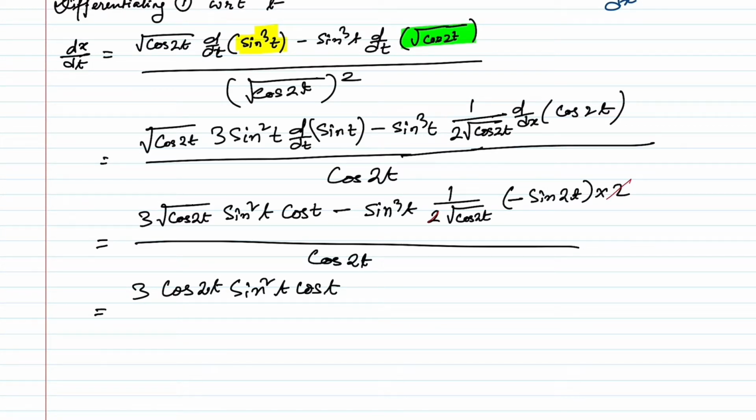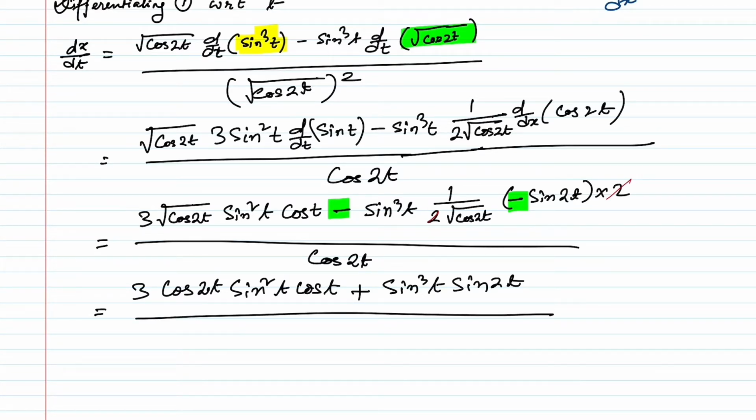Then here you see this is negative, this is also negative, so it becomes positive. Then on multiplying the numerator by root cos twice t, this one will be cancelled with this. So the remaining terms are sine cube t sine twice t. Then in the denominator, if you multiply root over cos twice t and cos twice t, you will get cos twice t whole to the power 3/2, isn't it?